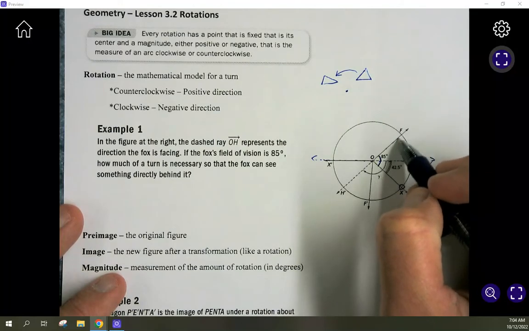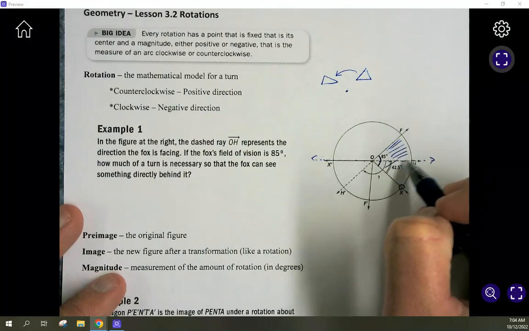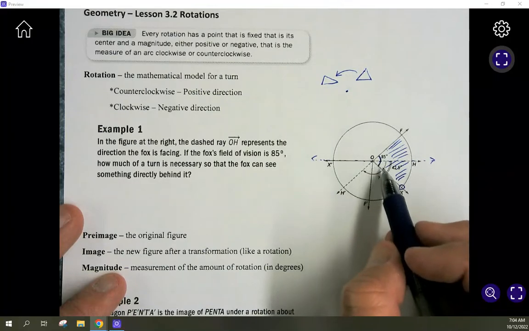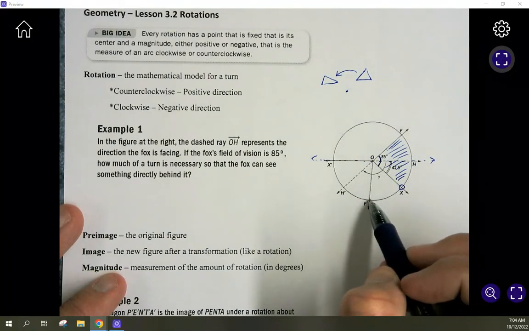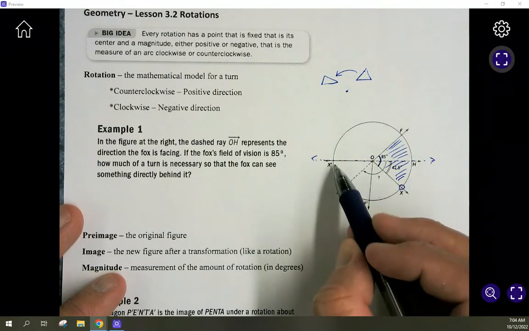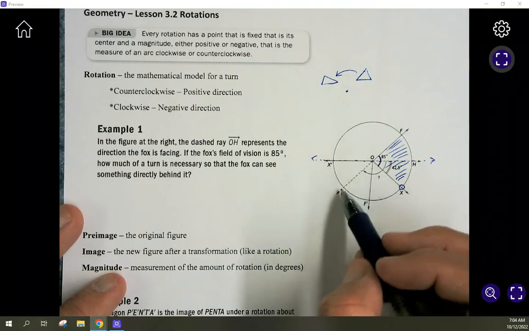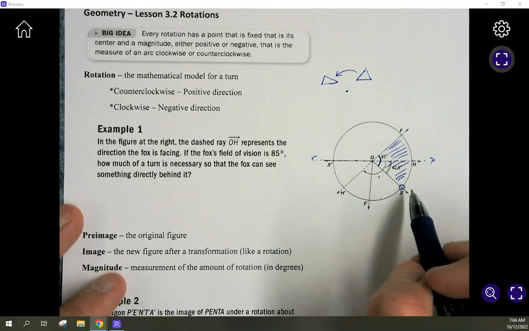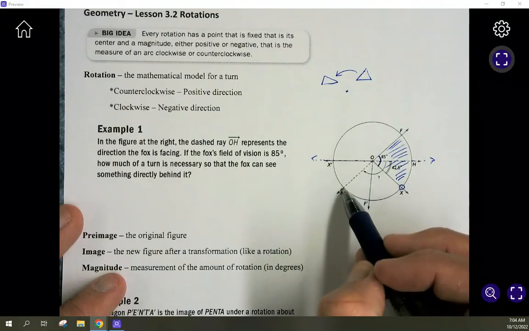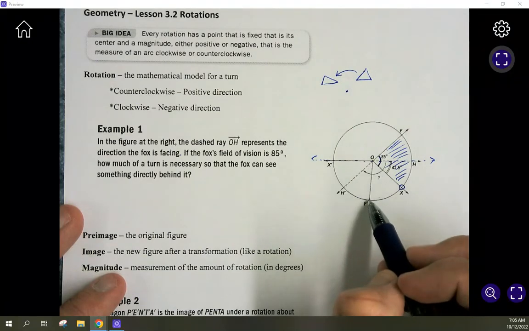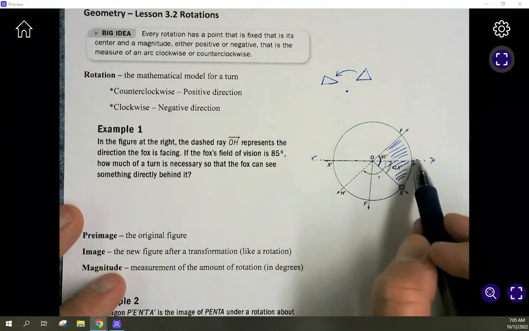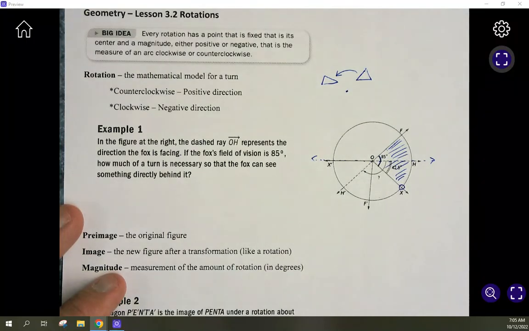But to highlight it in, all of this is what he currently sees. So we just need to turn his head enough so that this part is here. And they've already got all the lines set up for you. This would be his new H, where his head is facing, and he would be able to see all of this. So how many degrees of a turn is that?